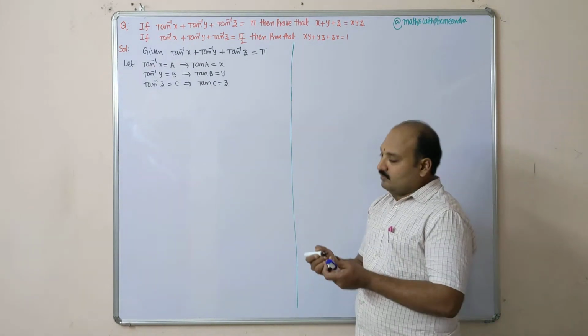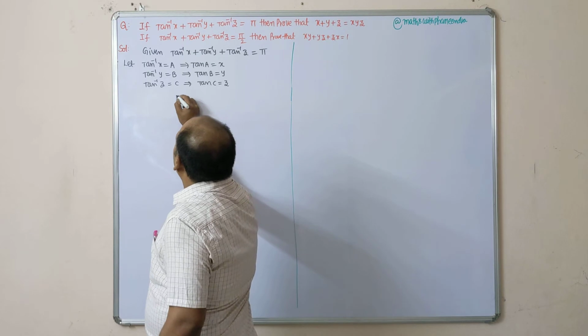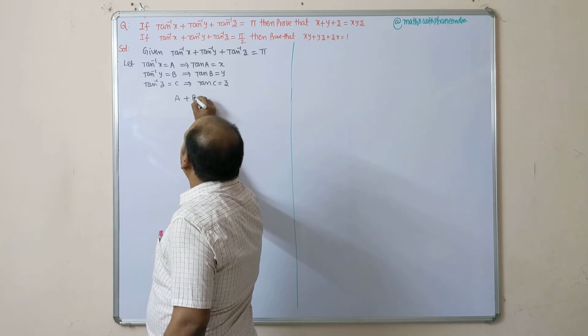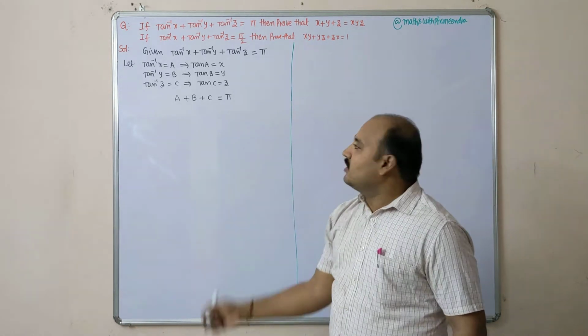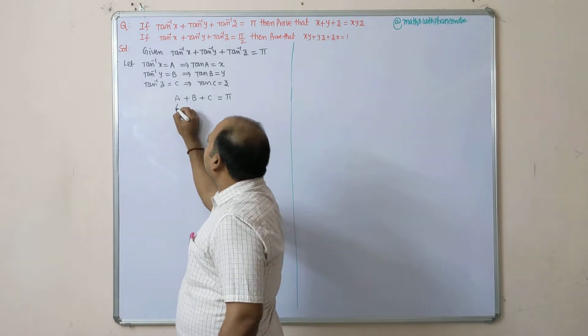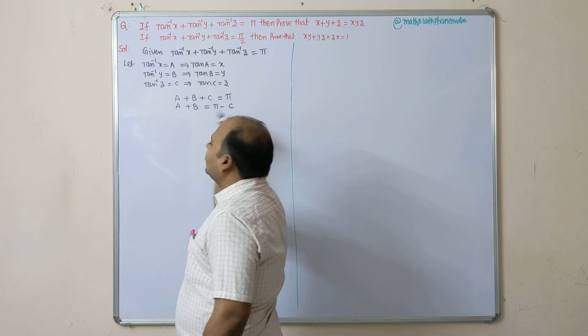So now the given equation becomes a plus b plus c equal to pi. Taking c to this side, a plus b is equal to pi minus c.